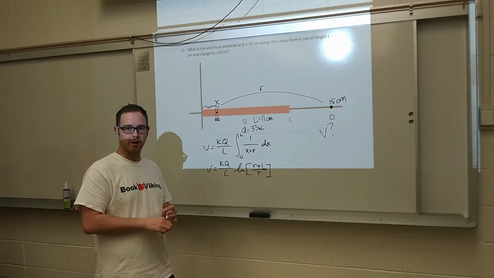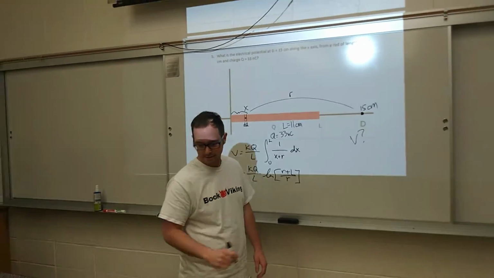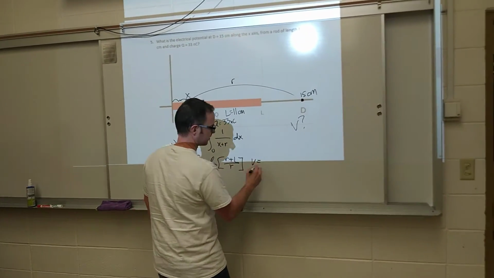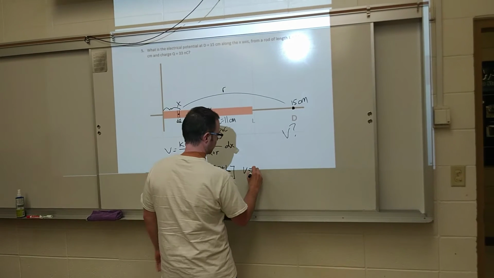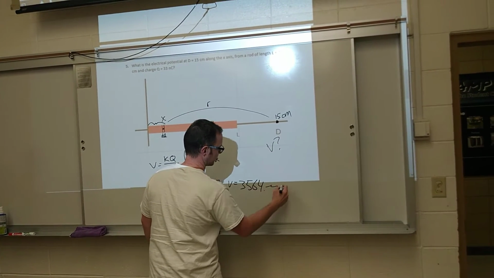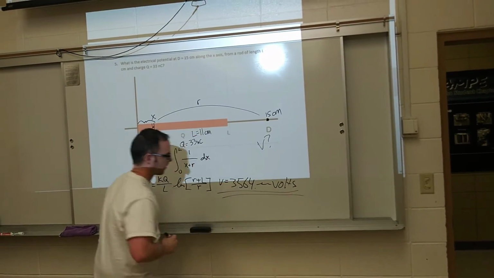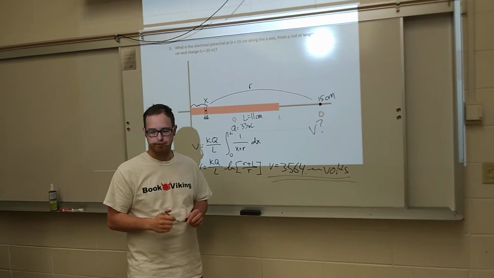If you've ever had Brother Brown in mathematics, he would always say, it turns out that V equals, what is it again? 356.4 point something something volts. And that's the answer. That's how you do it.